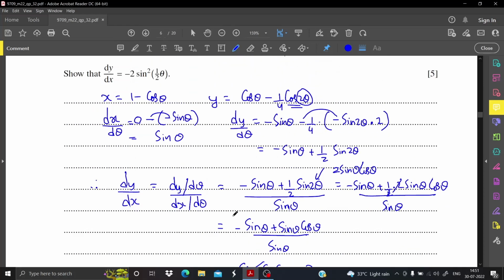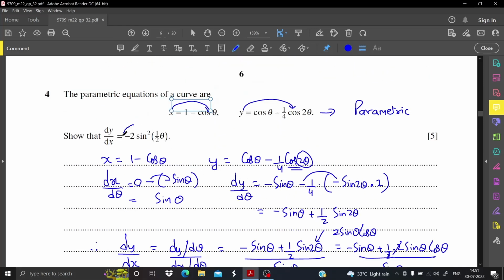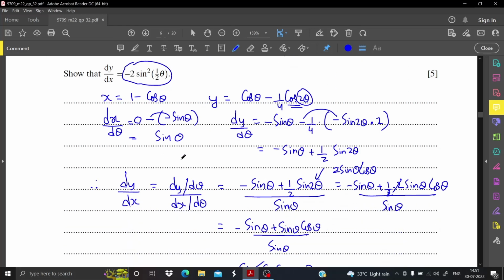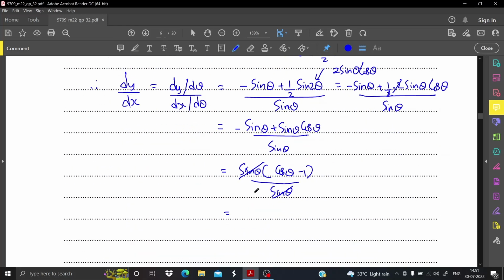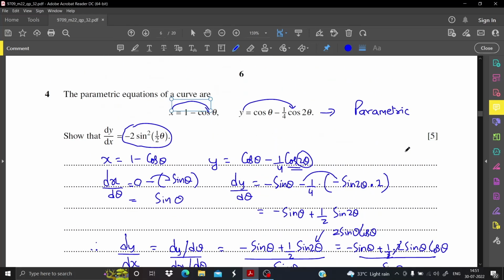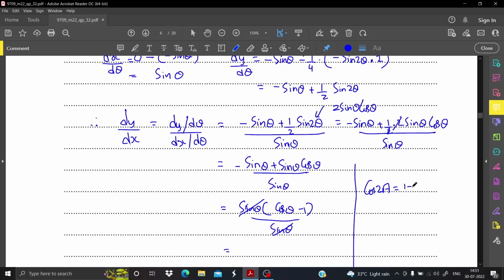We're still not yet done because it's asked to prove that dy by dx is negative or minus 2 sine square half theta. Now how do you proceed from here? We know the double angle formula for cos 2a is 1 minus 2 sine square a.